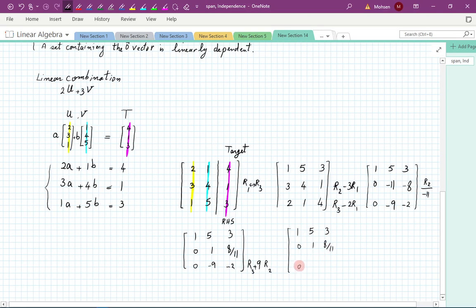And this becomes 0 and 0, and our last number is going to be minus 2 plus 9 times 8 over 11. Minus 2 plus 72 over 11 becomes minus 22 plus 72 over 11, and that is 50 over 11.